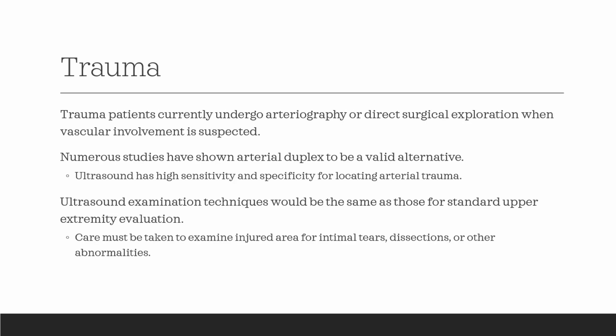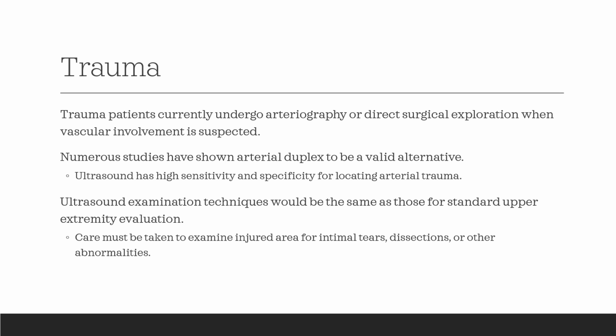Trauma to this area. Trauma patients can undergo arteriography or direct surgical exploration when vascular involvement is suspected, so we may not be the test of choice in this particular situation.